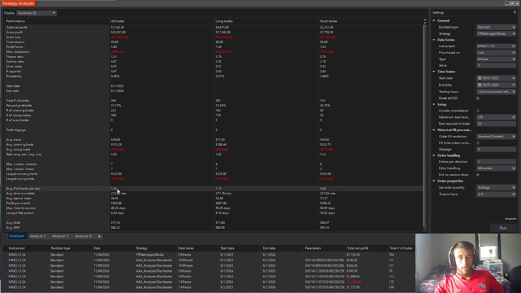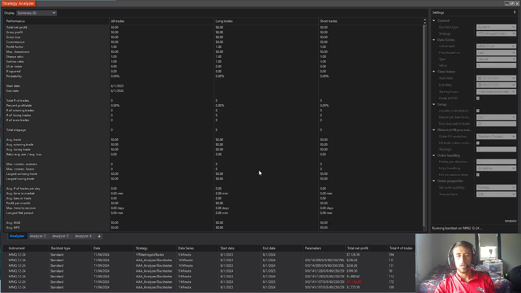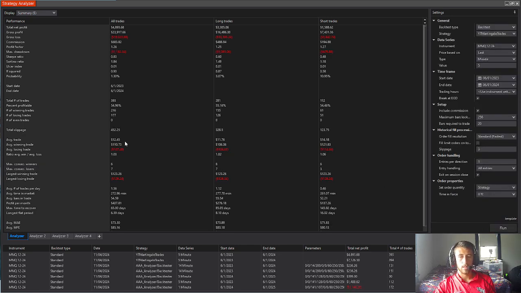But here we have about 1.5 trades per day. Max consecutive losers 7. So we need to be able to last 7 losses. So just keep that in mind if you do trade this.